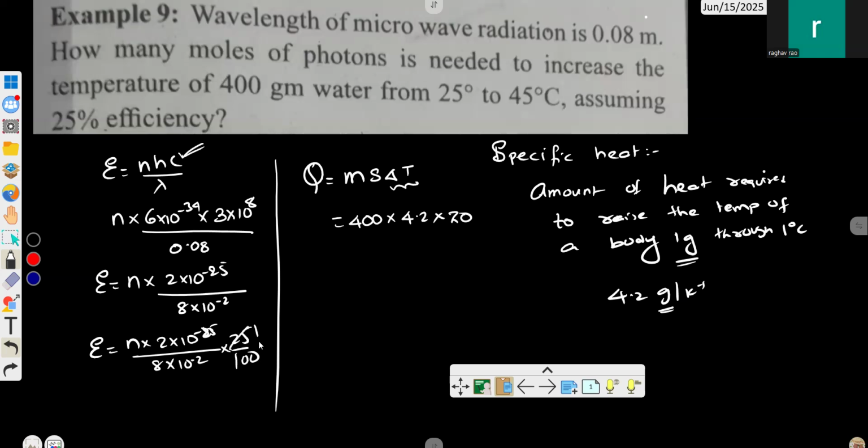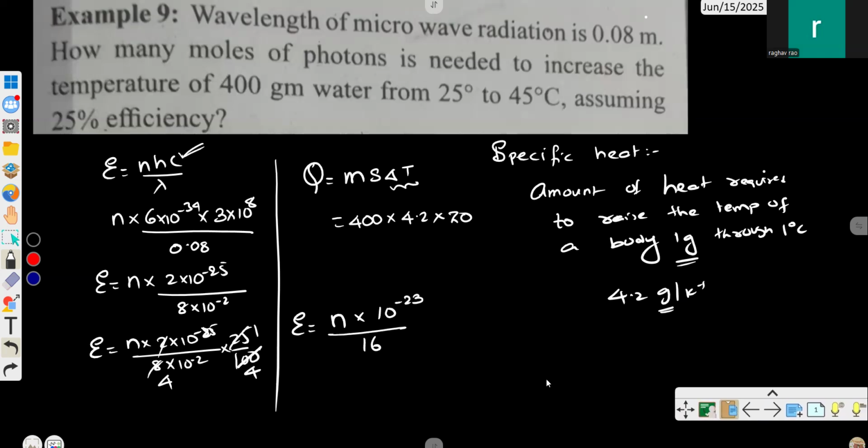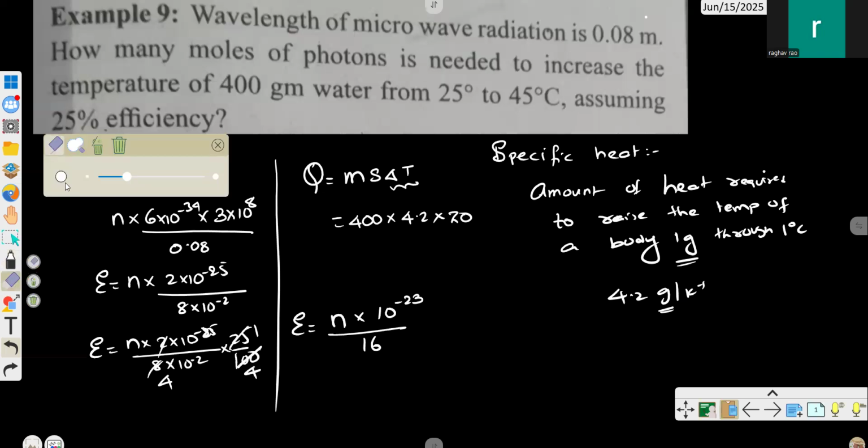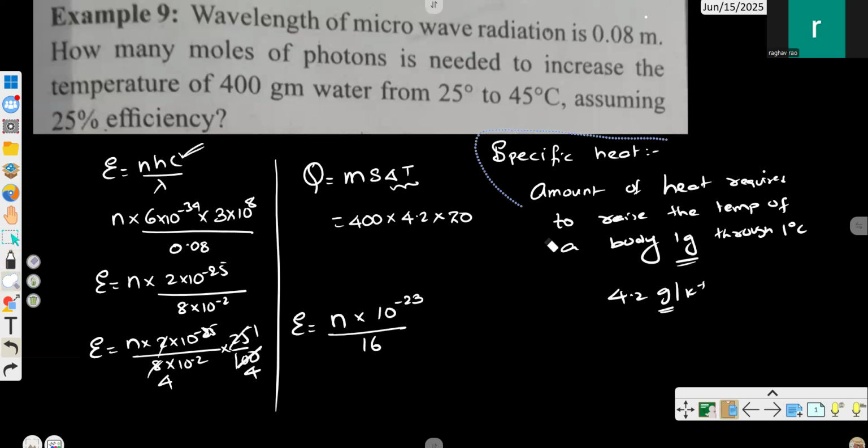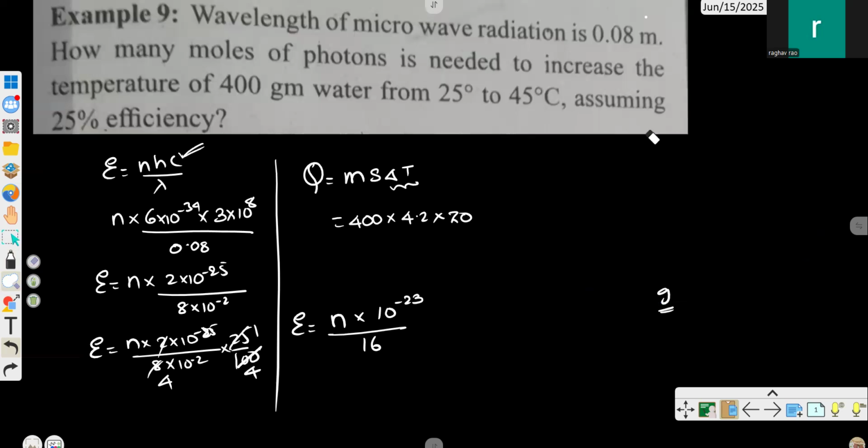Now, if you do this, 25 ones are 25, 25 fours are 100, the energy due to photons is equal to n into 10 power minus 23 upon 16. Okay, with 25% efficiency. Now, with this energy, we are heating up the body. So n into 10 power minus 23 upon 16 is equal to 400 into 4.2 into 20.